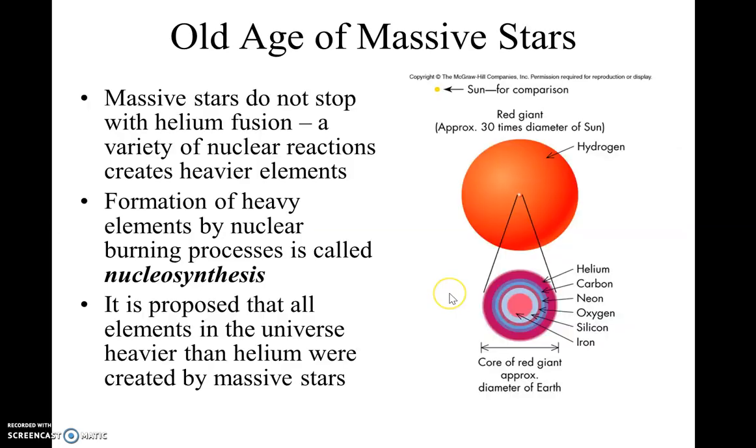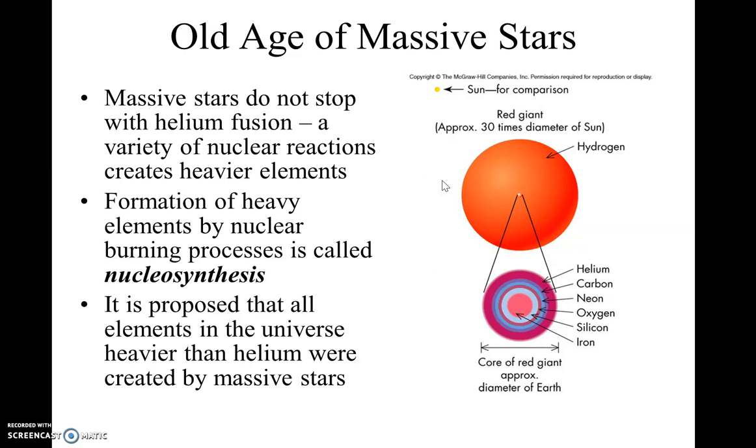All right, so what about these massive stars, right? Remember, there's basically two categories of stars: massive stars and low mass stars. Our sun, of course, would be considered a low mass star.